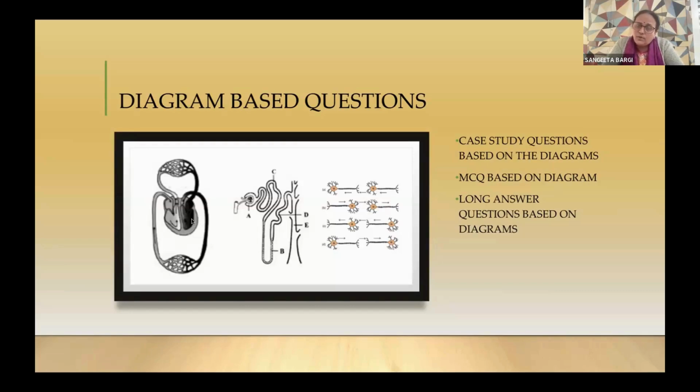A clue will be given: label the part that pumps blood, that chamber of the heart that pumps blood to the aorta. Then that will be the label where you will have to answer accordingly. Like that, 4 different labeling questions may be asked.